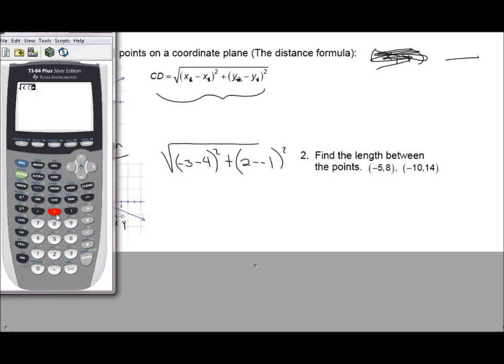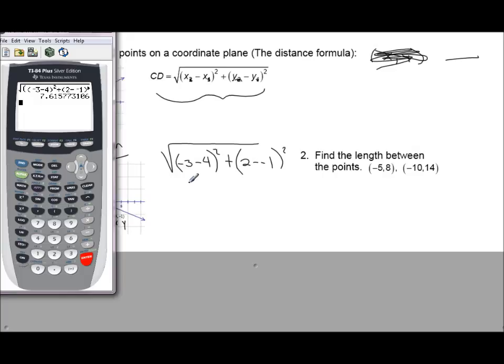Then you're going to use a double set of parentheses, and then you type in this, -3 minus 4, close one of the parentheses and square it, put your plus sign in there, and then do another set of parentheses, 2 minus a -1, close your parentheses again, square it, then add another parentheses. Press enter.